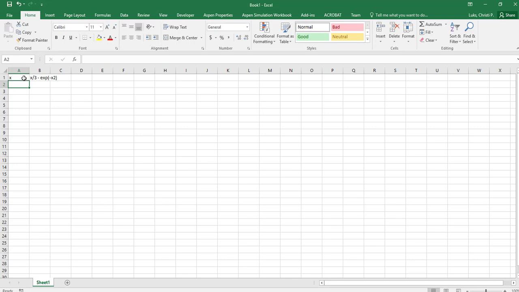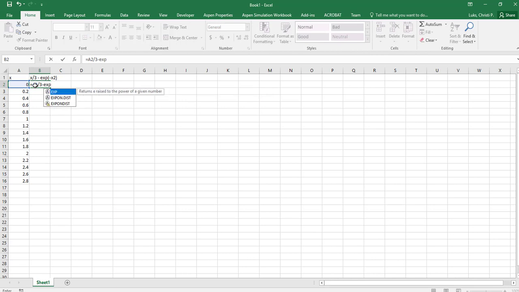And I don't know what x needs to be, so I'll just put in some values, 0.2, 0.4, and I'll copy that down a ways. And then my function is this x value divided by 3 minus the exponential of negative that x value squared, or times itself.